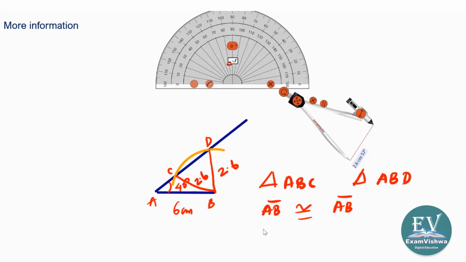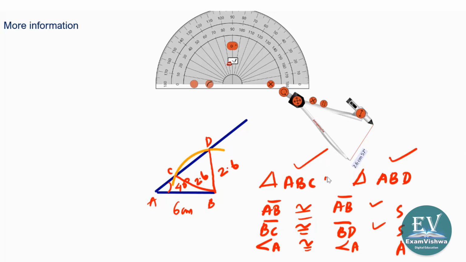Then BC of one triangle is congruent with the BD of other triangle. Now, angle A is congruent with angle A. So, these two are sides and this is an angle. But the triangles are not congruent. Appearance से भी मालूम है. Triangle ABC and triangle ABD are not congruent.